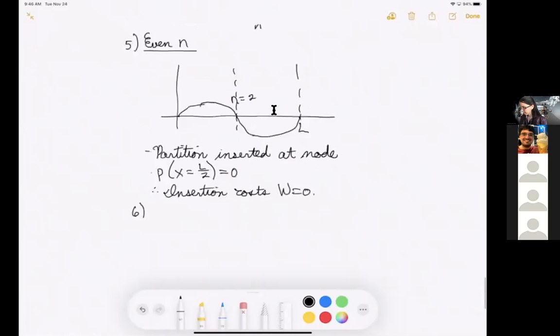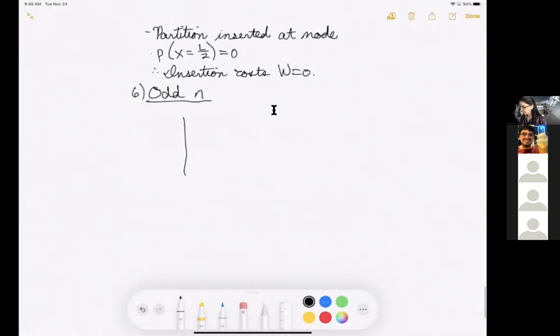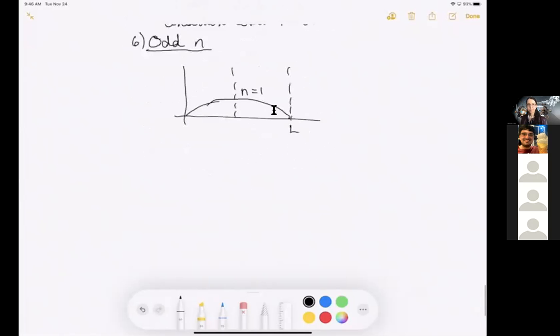Now, suppose that the particle begins in an energy eigenstate associated with an odd n. Now we want to insert the partition somewhere where there is not a node. The probability of the particle being there, supposing that we measure the particle's position, is not 0 before insertion, but does vanish afterward.